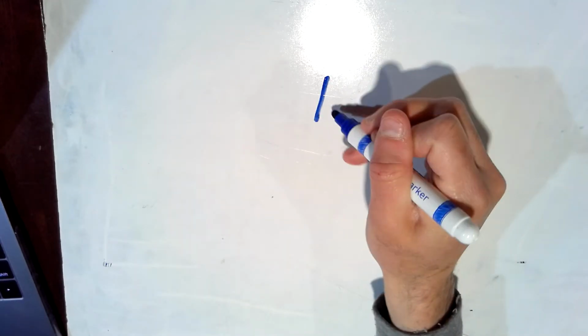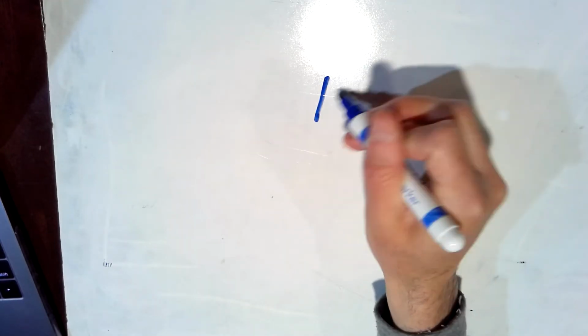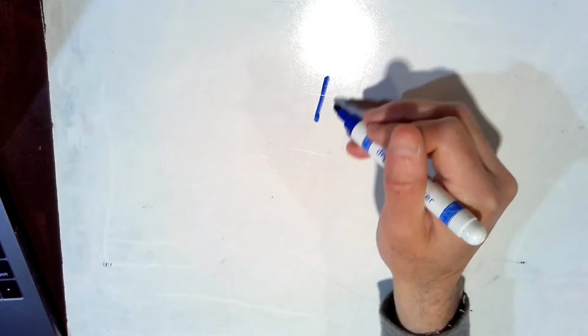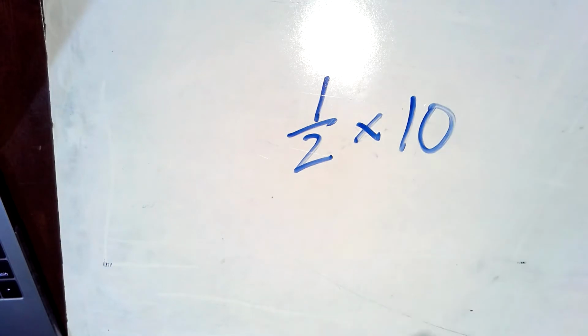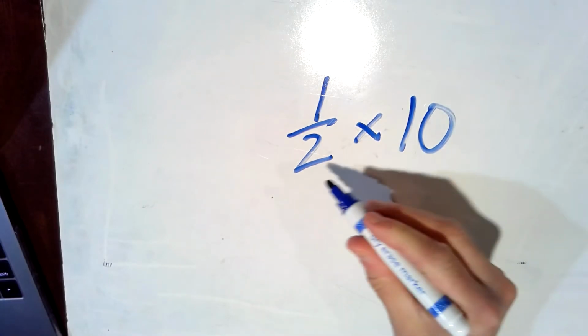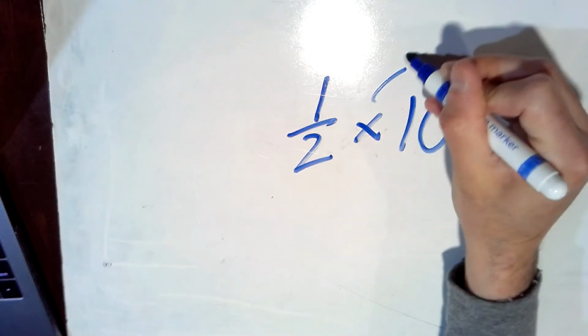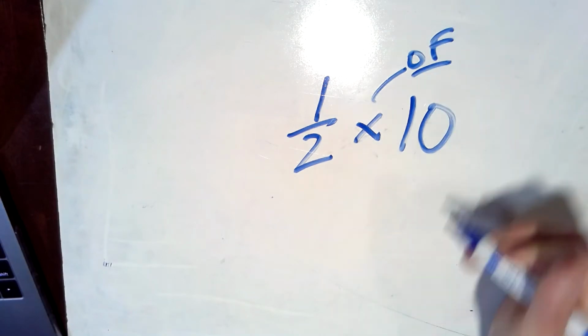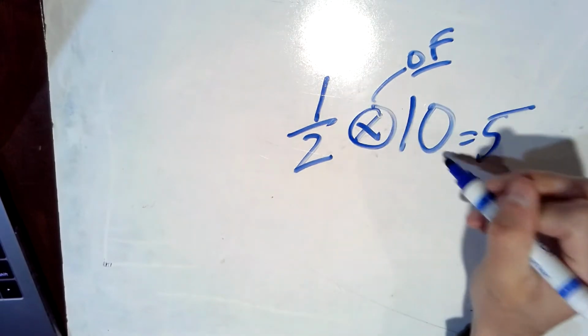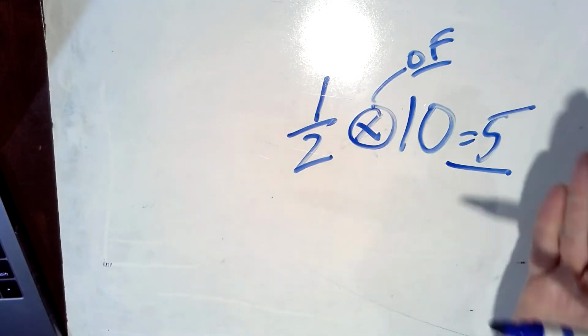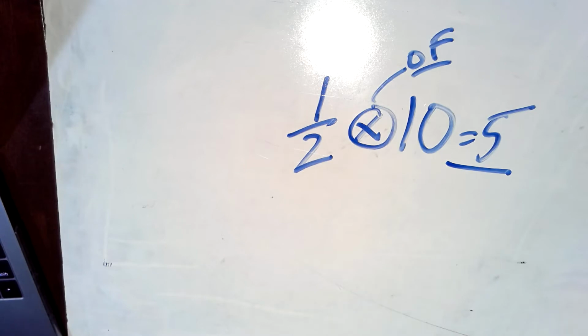Okay, and so for example, yesterday rather, we talked about how multiplication was like the word of. So for example, when I said 1/2 times 10, we knew half times 10 is the same as half of 10. We know half of 10, of course, is 5. And that was kind of weird for some of us at first, thinking when you multiply, your answer would get smaller. The product actually became smaller because it was half of 10.